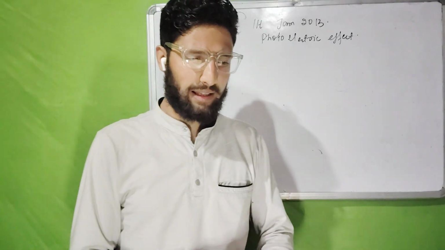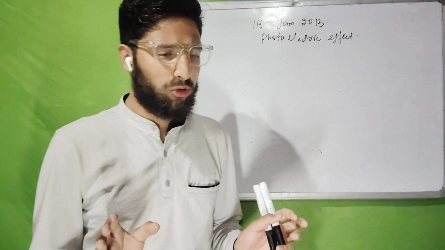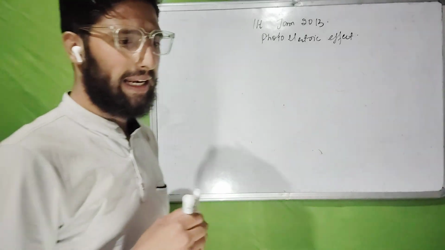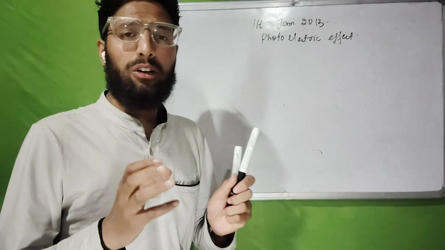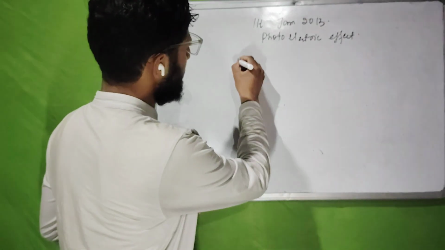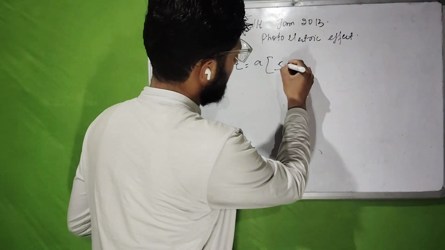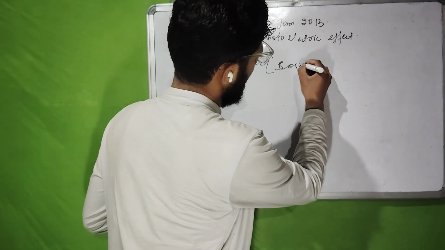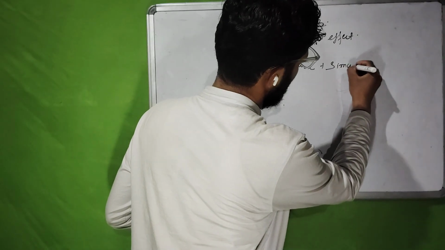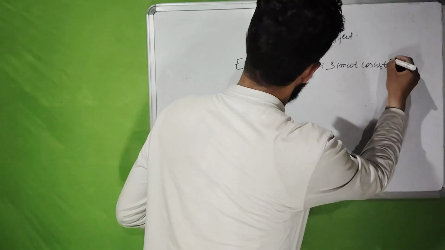The question was asked like this: the electric field component of an electromagnetic radiation varies with time as E is equal to A cos omega naught t plus sine omega t cos omega naught t.